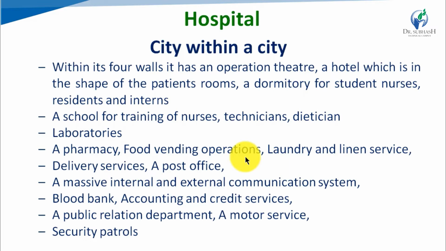Also, in some conditions, if there are resident doctors and interns, there should be the facility of a mess also. Then laundry and linen services, delivery services, a post office within the hospital, a massive internal and external communication system, a blood bank, which is very important, and accounting and credit services, that means we can consider a bank.